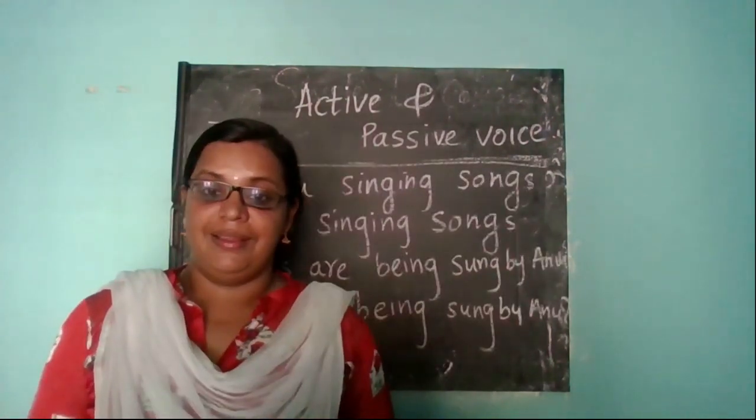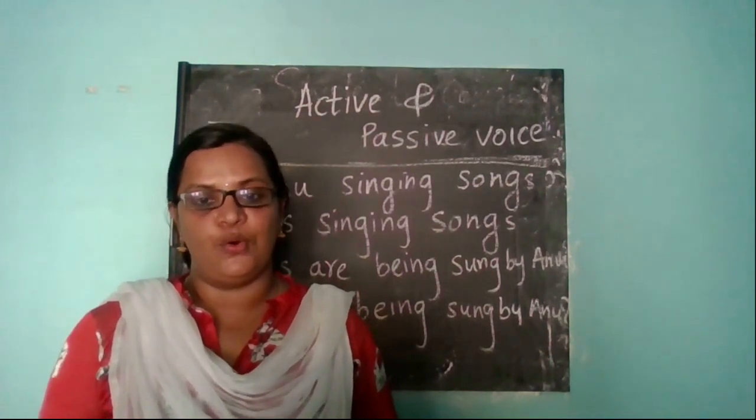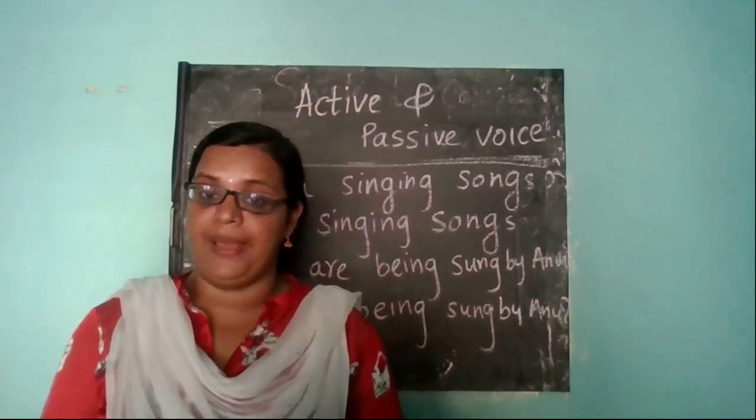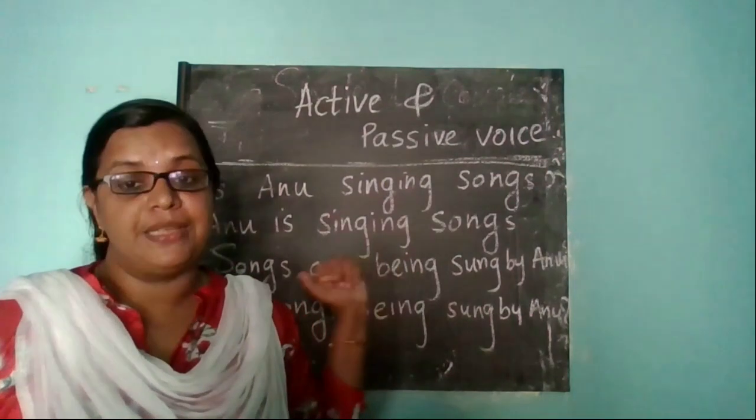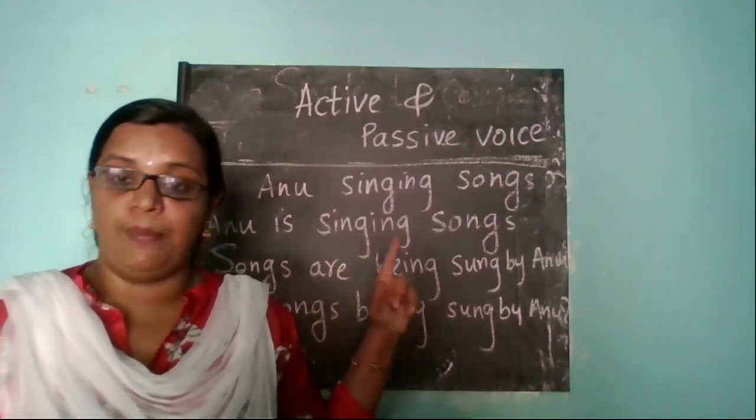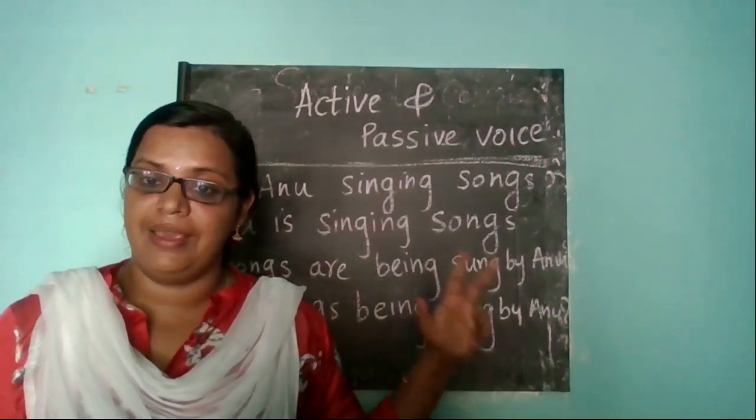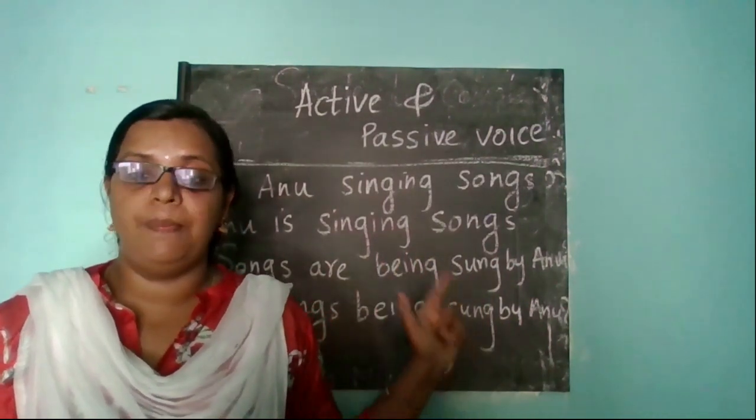Clear? Now let us learn how to convert a yes or no question from active to passive if the tense is present continuous. What is the format of present continuous? Am, is or are plus verb plus ing.